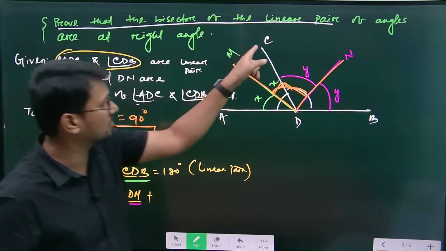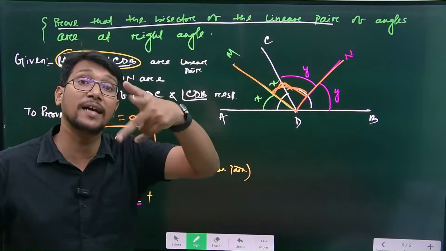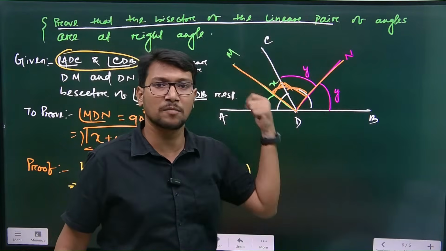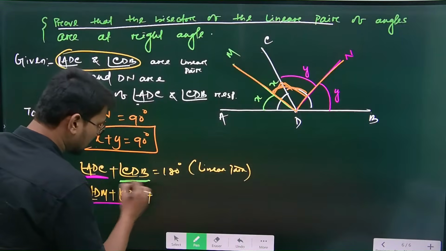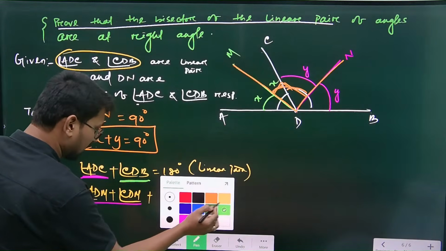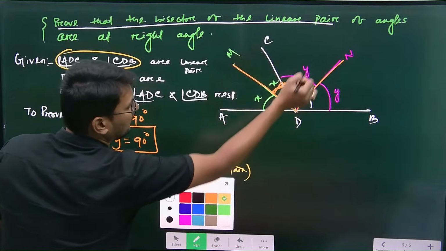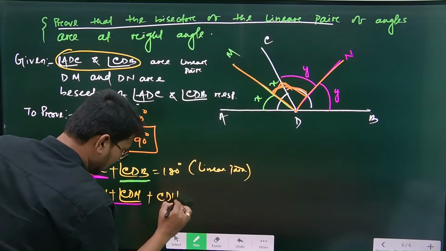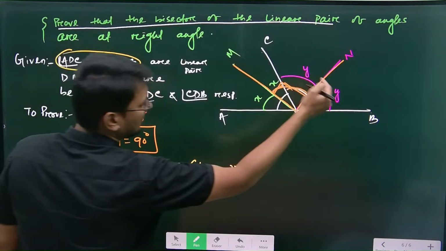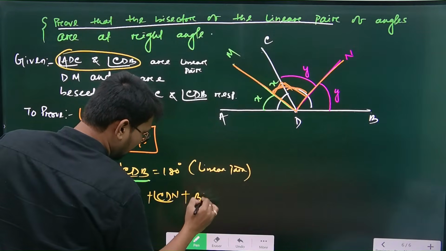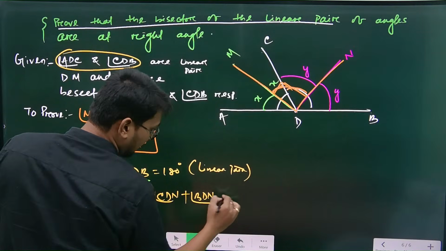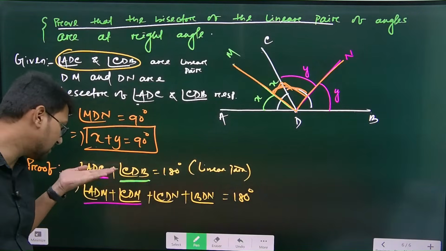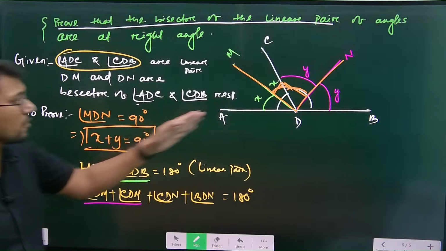CDB, check, CDB is again divided into two equal parts. Why? Because this is the bisector. The question is saying DN is the bisector. Therefore, children, CDB can be written as angle CDN plus angle BDN. Okay, the total is 180. Because I have not changed the right-hand side, I have only changed the left-hand side, as per their bisectors.